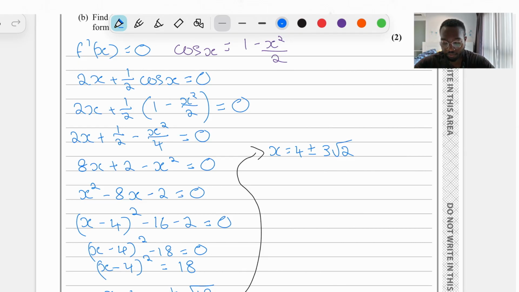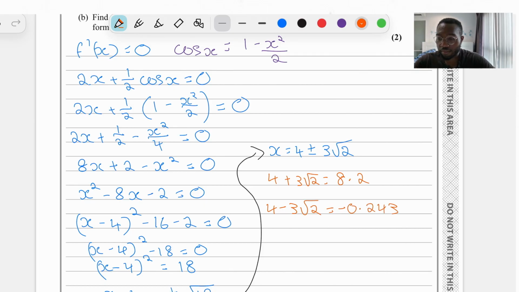4 plus 3 root 2, that gives us 8.2, and so that's pretty big, so most likely it won't be that value. And if you work out 4 minus 3 root 2, so put that in your calculator, you get minus 0.243, okay.